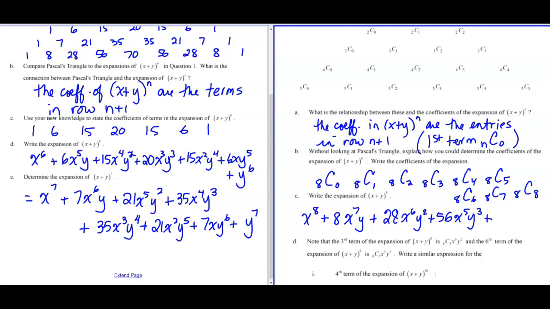And then 8C4, what is, I'm trying to do it in my head differently than in practice. So 8 times 7 times 6 times 5 divided by 4 factorial, 4 times 3 times 2. So there's your 6 twice. So that's 70.